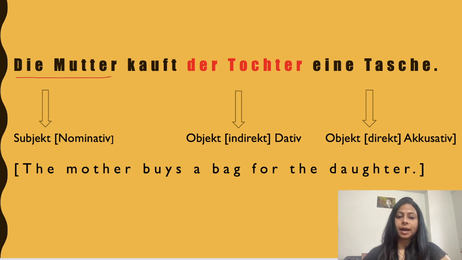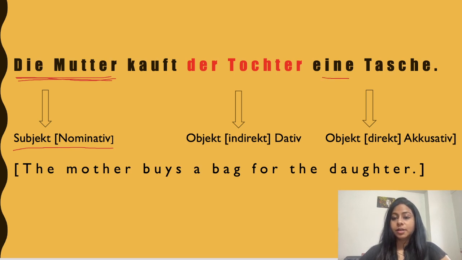Now let's understand it in the context of cases. Die Mutter is the subject, nominative. Again, I would request you to go back to all the cases that we have already discussed in my previous videos to understand it better. What is nominative, what is accusative, and today we are discussing dative case. So die Mutter is the subject, nominative.